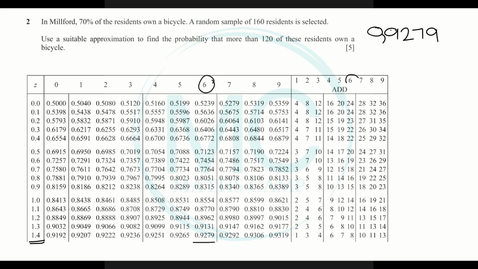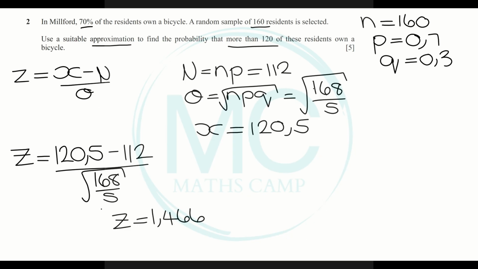So I need to add 6 over here. Go down to the bottom, and I see that I need to add 8 to my probability. So plus 8 over here, and I get 0.9287.